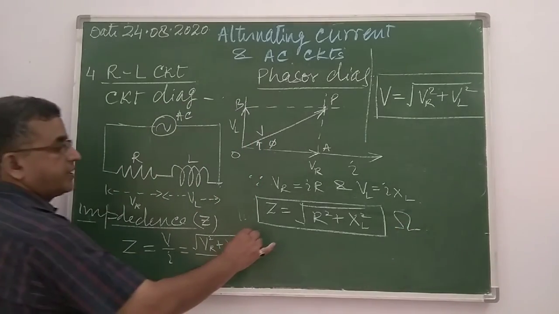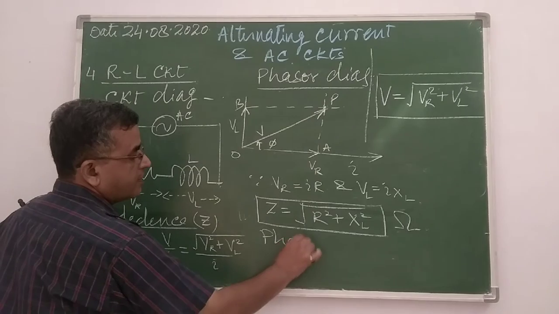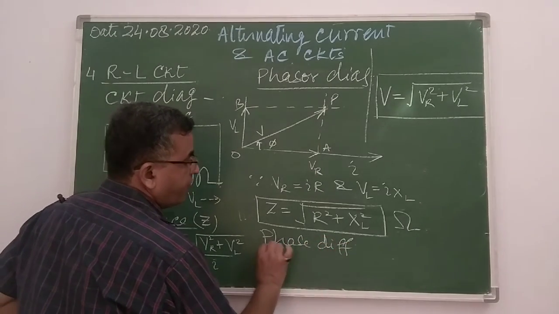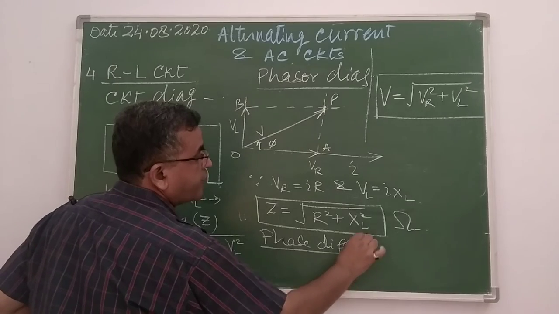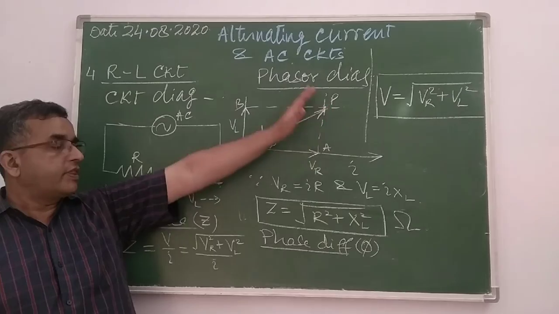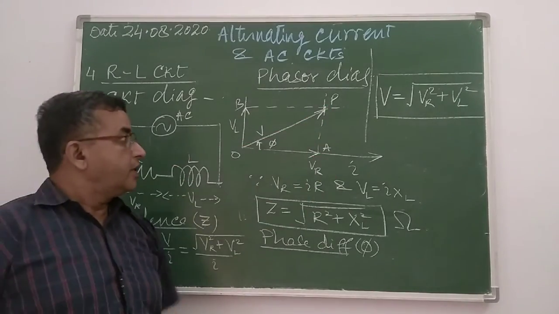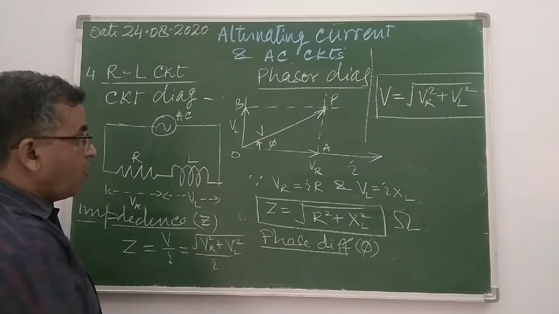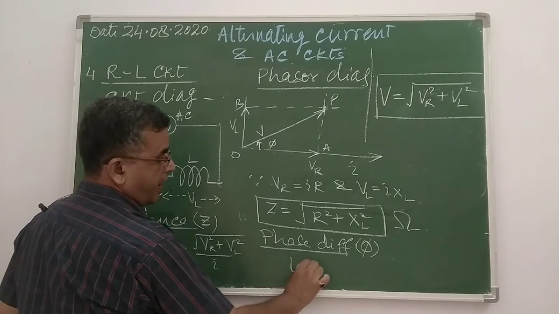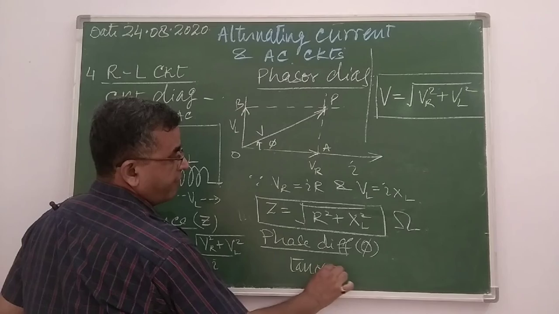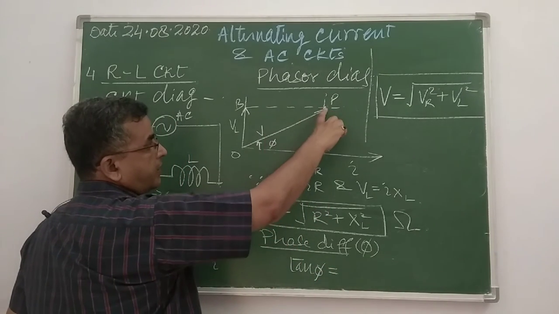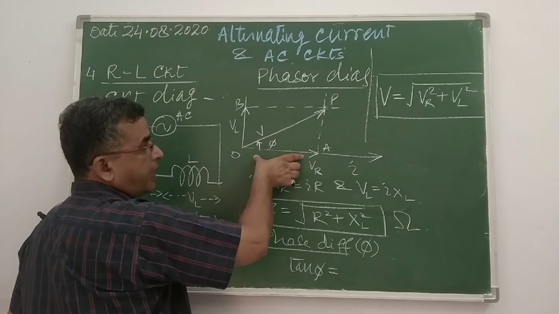Now the phase difference, that is phi. The resultant voltage makes an angle with the current. In triangle OPA, tan phi equals perpendicular upon base.